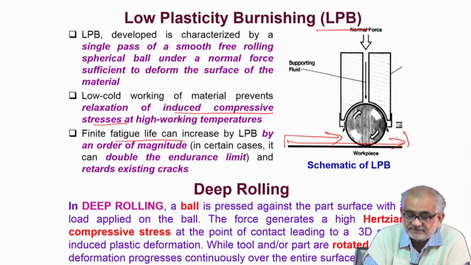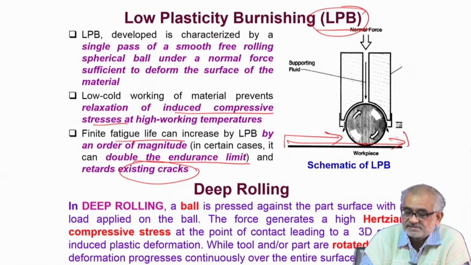The fatigue life can be improved substantially. It can even double the endurance limit and retard the cracks already existing onto the surface by way of this low plasticity burnishing.